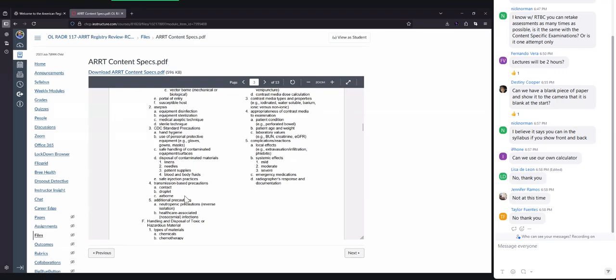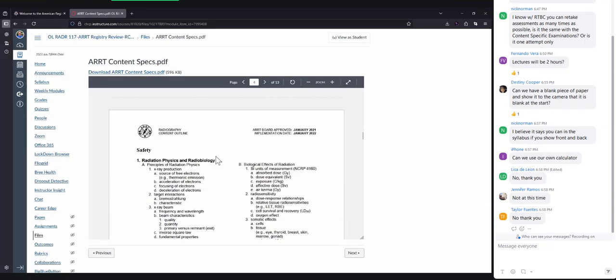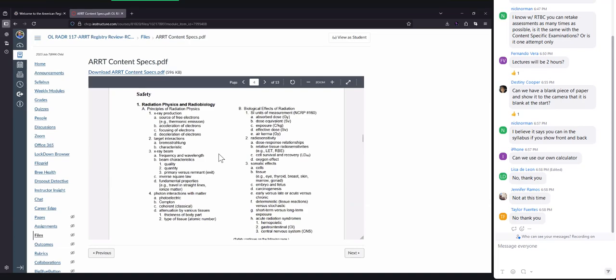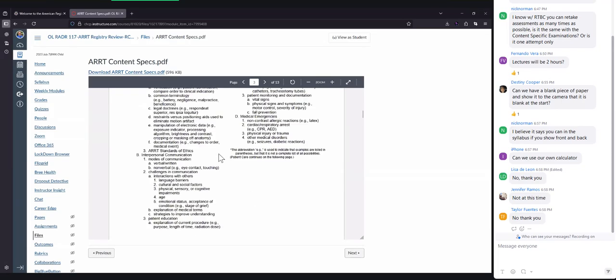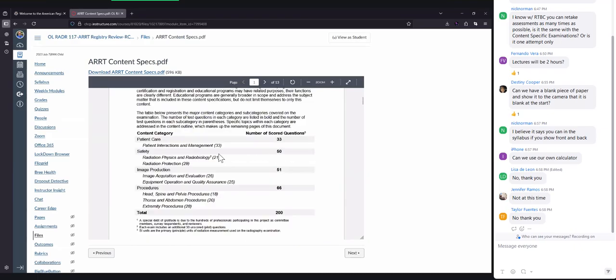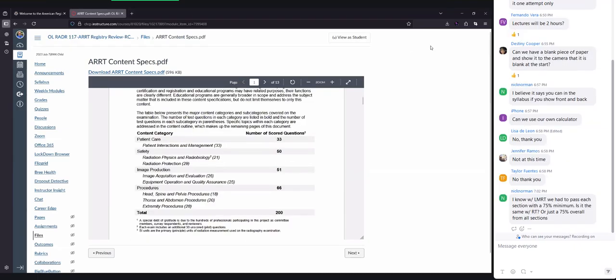If you can go through this demonstrating or feeling confident that you know what needs to be known about these things, then you're good. Same thing for safety. They have one for each section. Okay. And I'll show you this again when we get into the procedures because it's longer. And so you'll definitely need one to be familiar with that one.